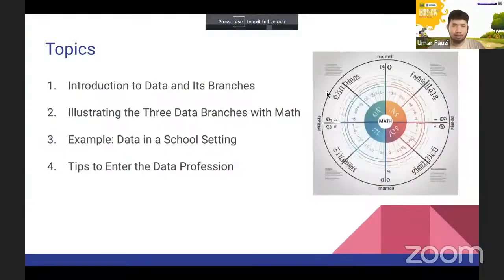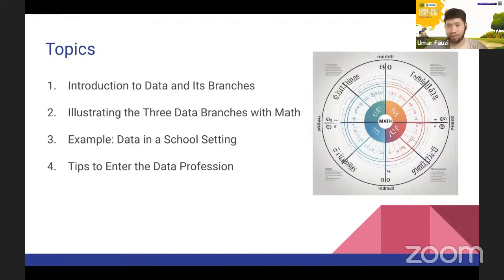Okay. So, what will I be talking about today? I want to first talk about the fact that data is not just data science. I'm sorry, the title says data science, but I don't think it's fair to limit the scope to just data science because there's a lot more than that, and it's quite important to mention. So I will mostly be focusing on the fact that data has a couple of branches, three to be precise.